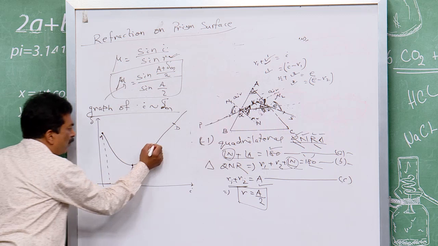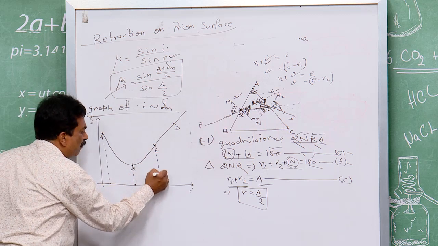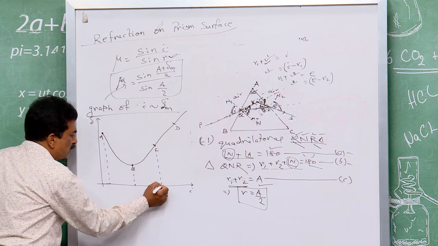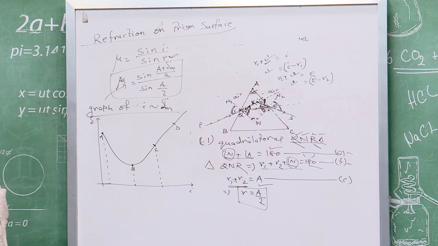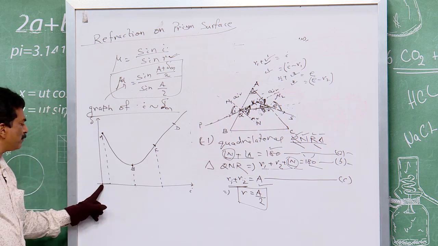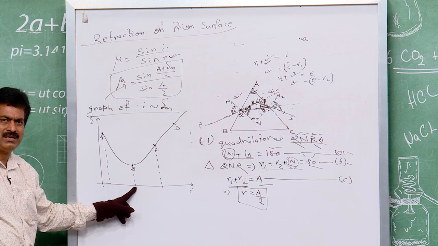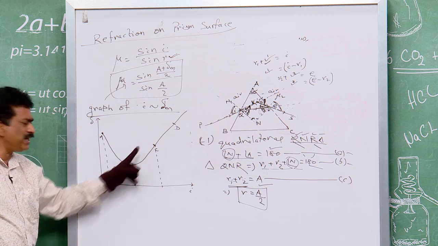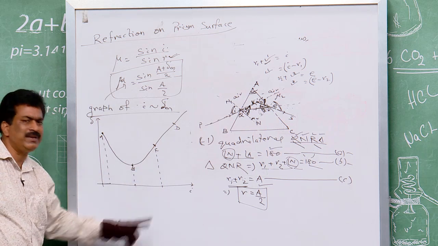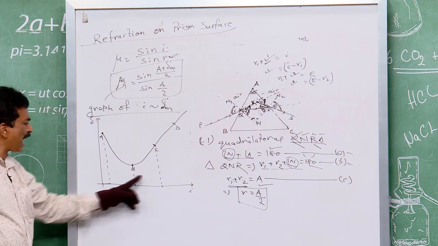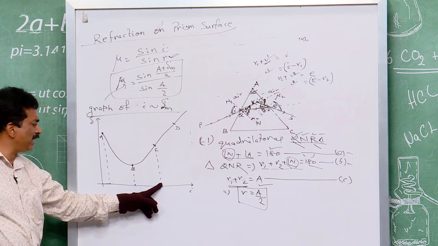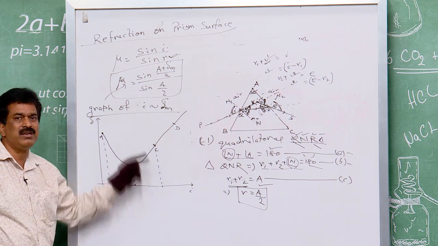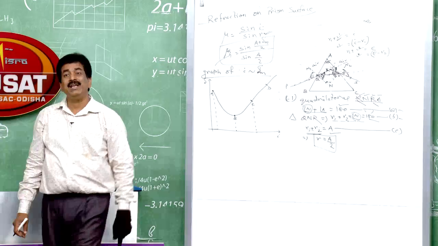But if you go for the point C, then from this to this is the angle of incidence, and at the point B from this to this is the angle of incidence. So in comparison to C with B, the angle of incidence increases. When the angle of incidence increases, the angle of deviation, you see, now it increases.